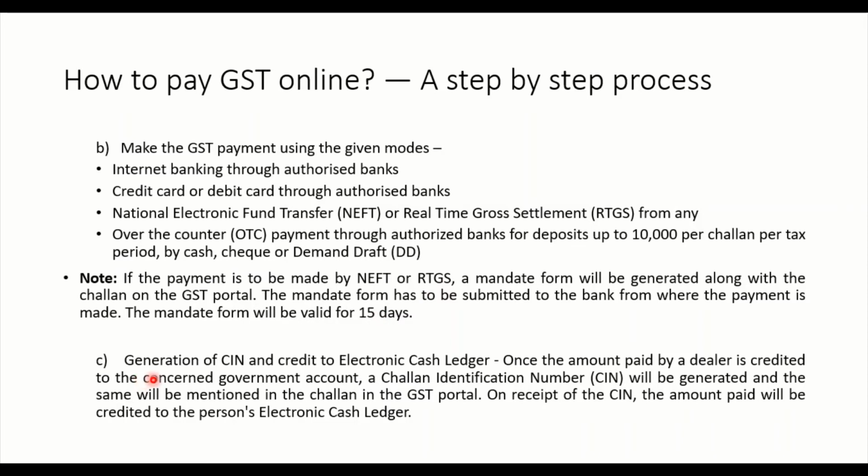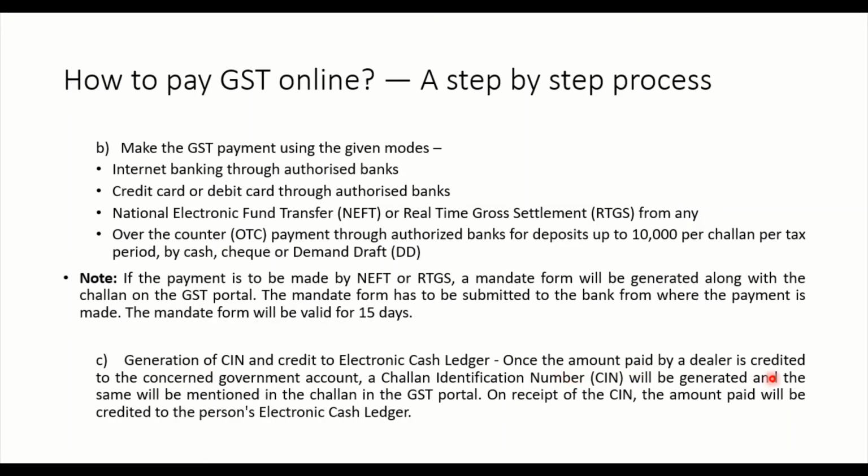And then the generation of CIN, the Challan Identification Number, and credit to the electronic cash ledger will be done. What is this CIN? It is generated only after making payment, whether through NEFT or RTGS, internet banking or OTC.